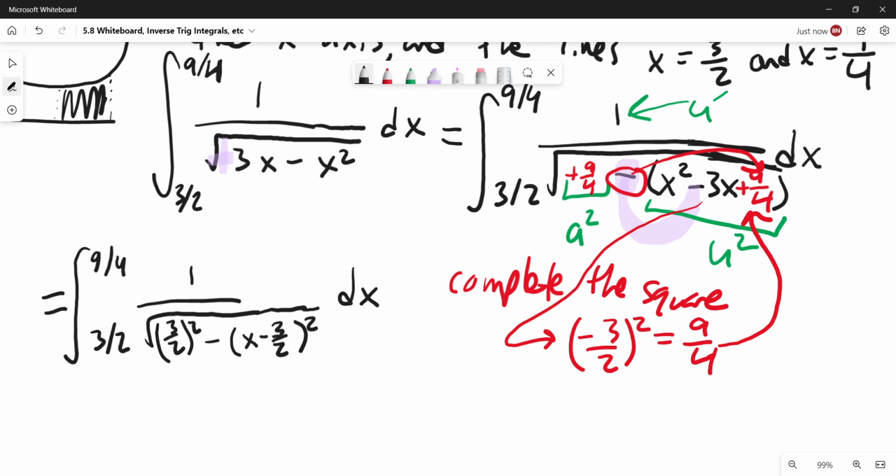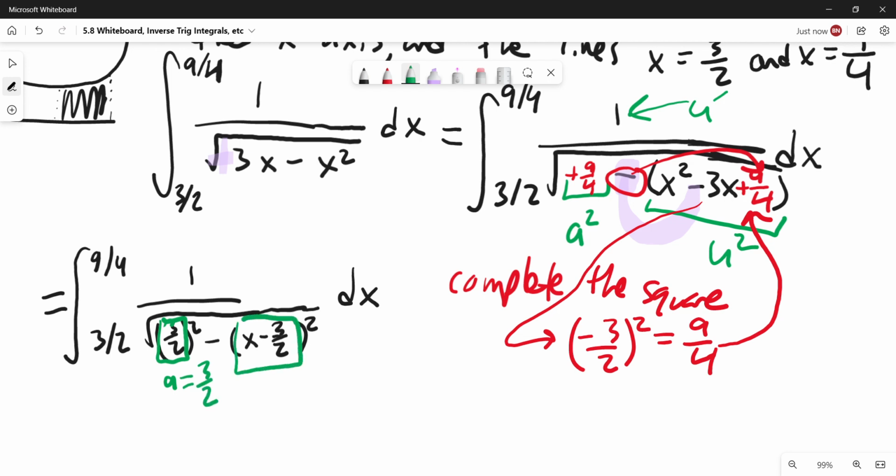And now let's identify what a and u are, and see if there's any u prime to be dealt with. This is an arc sine problem, so we don't need the extra u outside the square root. So a equals 3/2.